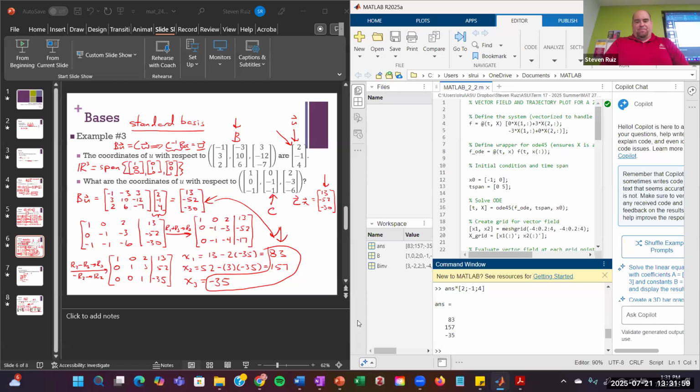Does that look familiar? Is that where we should have gotten to? Okay. So now instead of making the three different calculations to get there, the change of basis matrix basically bakes in all those intermediate translations.